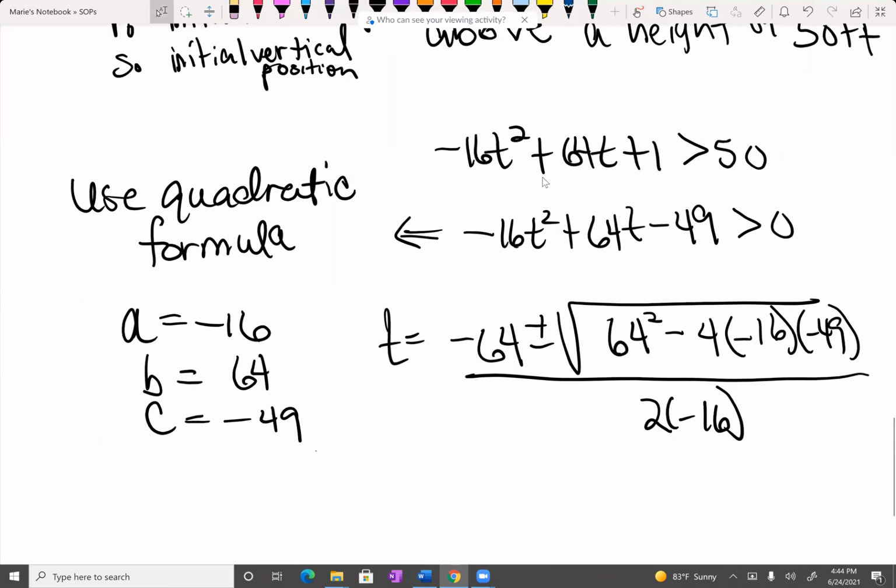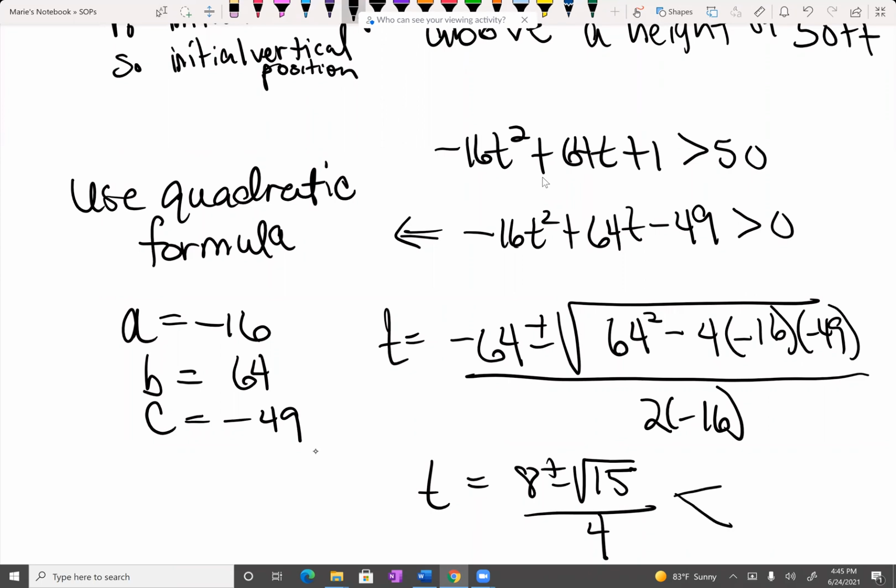When you solve for this, you're going to get t is equal to 8 plus or minus the square root of 15, all over 4. So when you do the math here, your two solutions are going to be approximately 2.97 and 1.03.